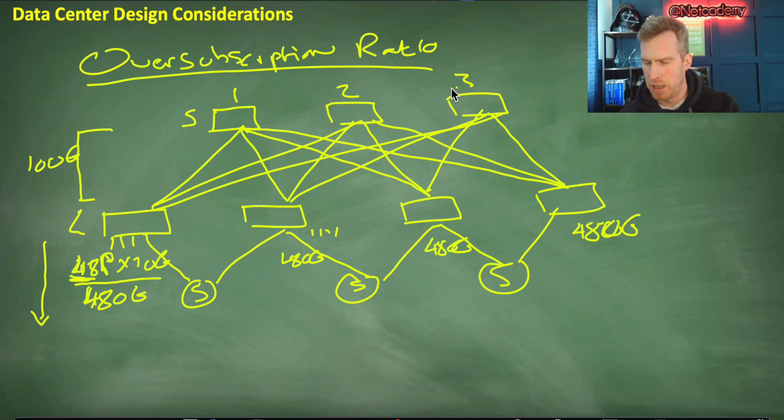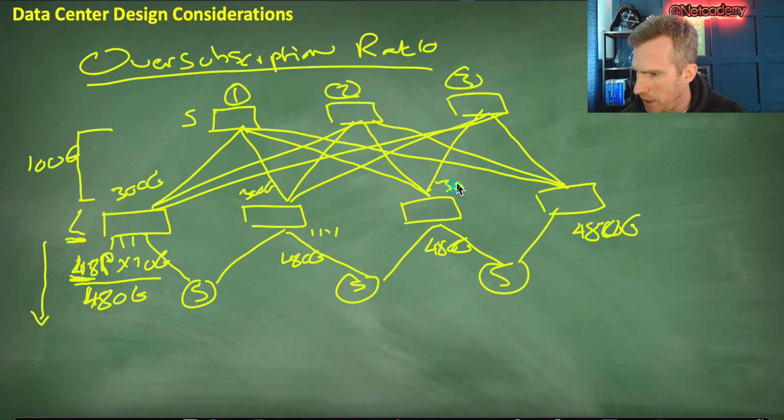Depends on vendor, depends on hardware, of course. But there's only a certain number of these uplink interfaces, and every leaf is connecting to each one of these spine devices. So just over the leaf to spine layer here, we have got 300 gig here. We've got another 300 gig here, another 300 gig here, and another 300 gig here.